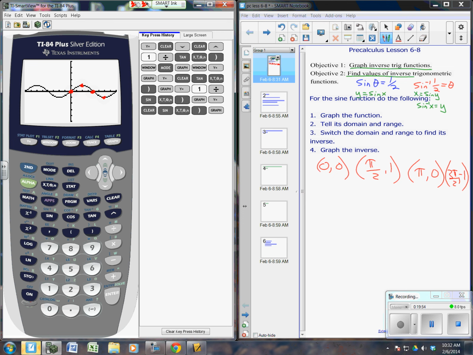And let's go the point right here. 2 pi comma 0. And I want to get a couple of negative ones. So let's go this one right here. Negative pi halves, negative 1. And this point right here. Negative pi comma 0.